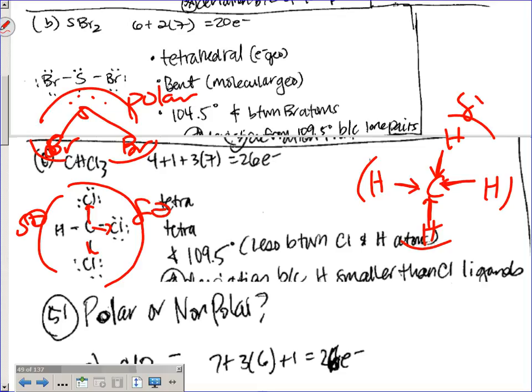So this would be partial negative all the way around my globe. So that would be overall equal distribution of charge, nonpolar. Same story if I had carbon tetrachloride, 4 chlorines around, there's no unequal distribution of charge because all of them have a partial negative. So it really helps if they're the same ligand because then they're all going to cancel each other out basically.